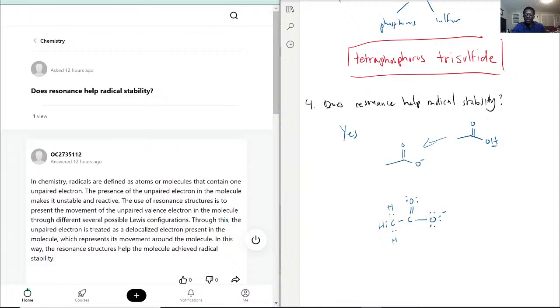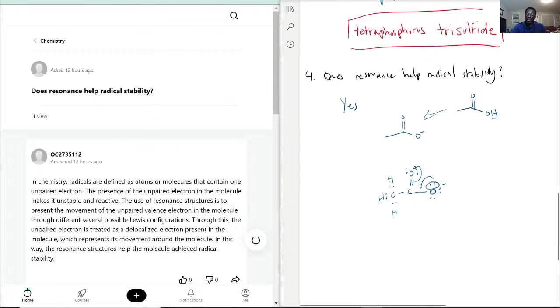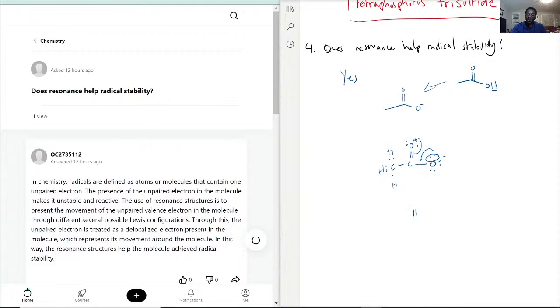With that being said, what happens here is that this electron, or any of them really, are able to move about. And you can actually get this electron to move in here, forcing this electron to be out there, which makes this oxygen up top the -1. So instead of a double bond here, we'd have the single bond with the oxygen, and then this will be its new form.